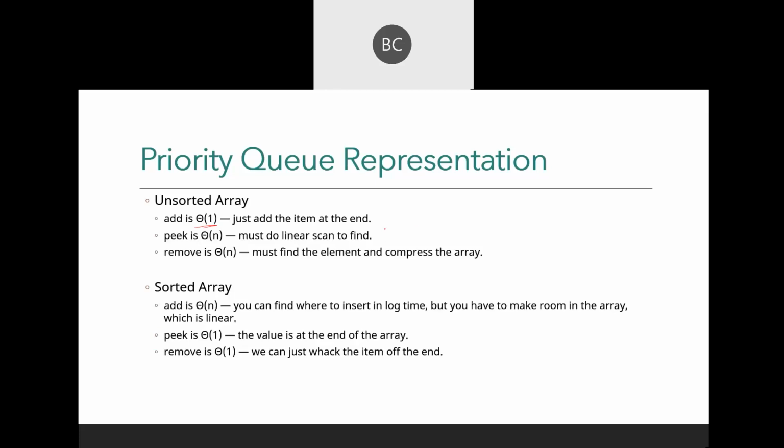Just add the item at the end. It's an unsorted array. Then it will take O(n) time to peek, to see what's the item in front. For that we must do a linear scan to find it. Then removing an item will take theta n time. Why? It's an unsorted array.